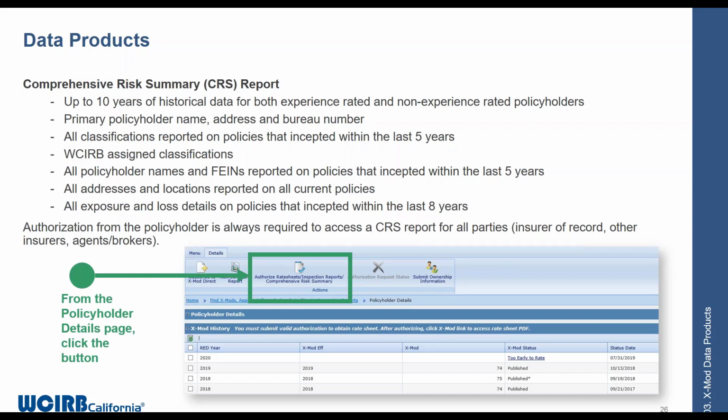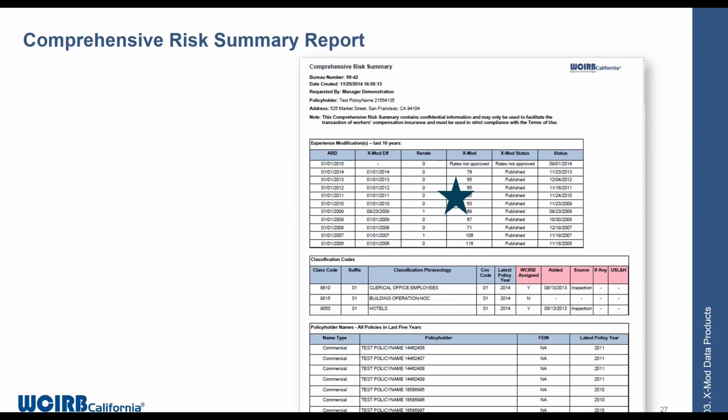Once you find the policyholder details page and click on the button, it's going to walk you through the steps of entering the policyholder name and address. It's going to send an email to them asking that they authorize you to get a copy of this information. Once you get that authorization, then this PDF is going to be produced.